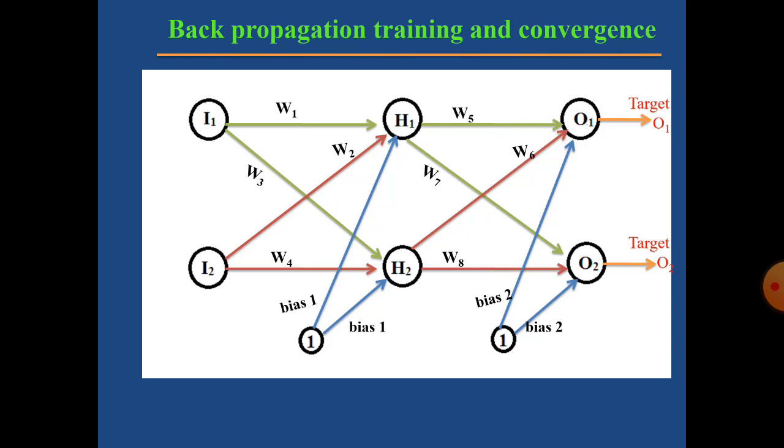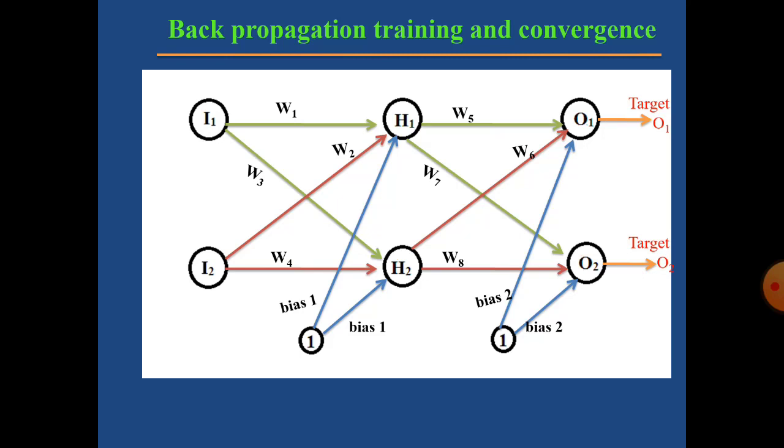From there, how do we calculate net O1? Net O1 is out H1 into W5 plus out H2 into W6 plus 1 into bias B2. We will get net O1. From there we can calculate out O1, which is 1 by 1 plus e power minus net O1.